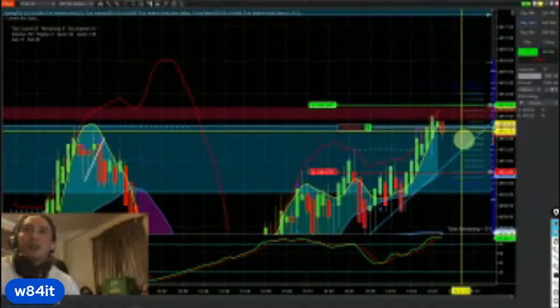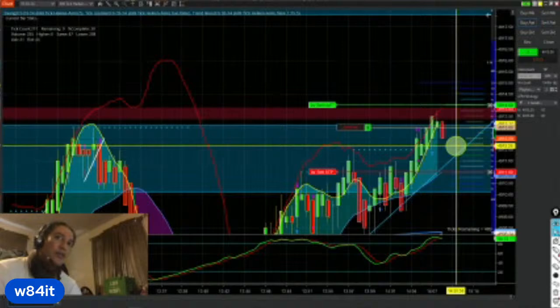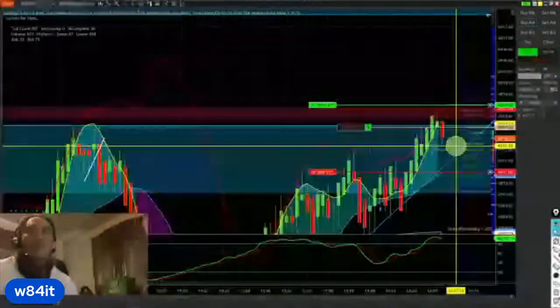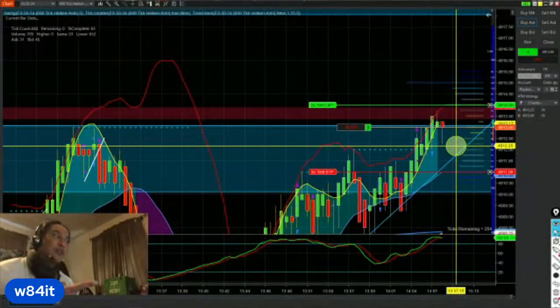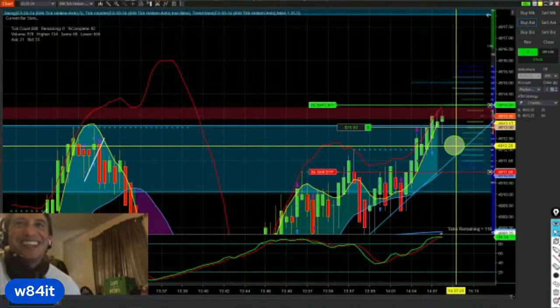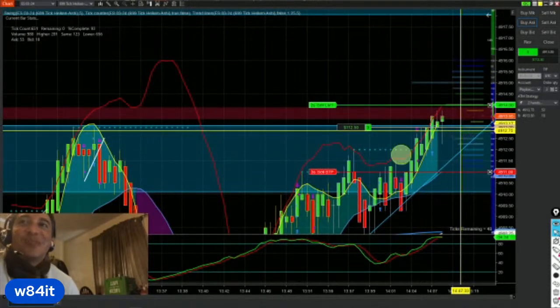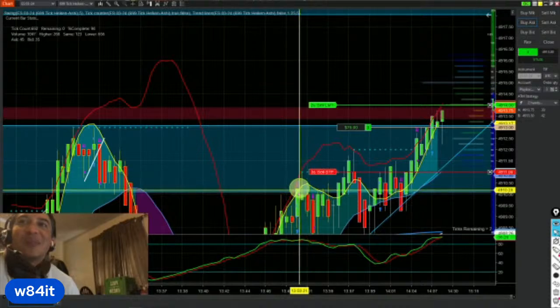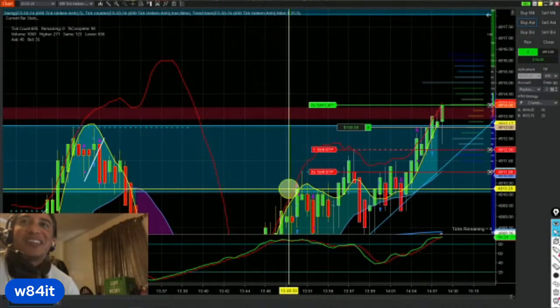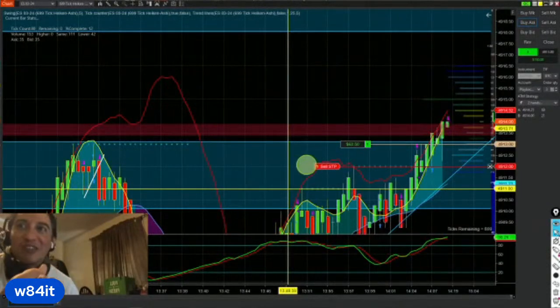Struggling to get up here, huh? So I had 1350, and then I got stopped out because I got in too early. But that, I never do that. And then it's been going up, and then it'll come back and get my stop early before it takes off and runs.